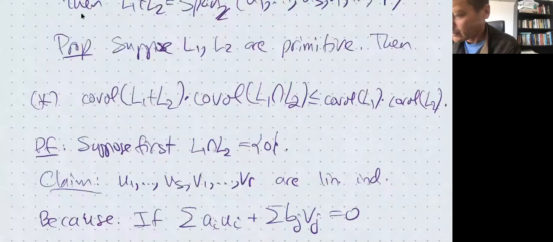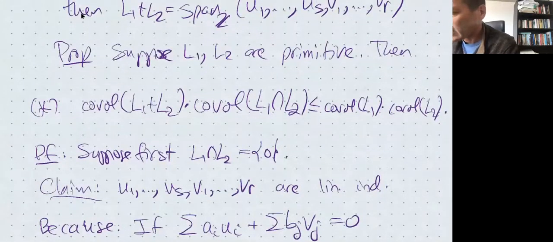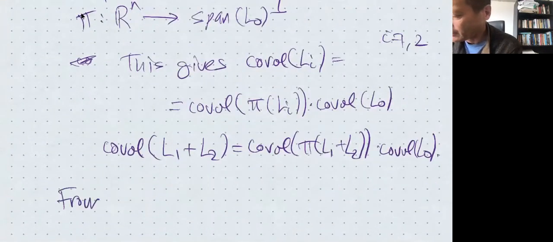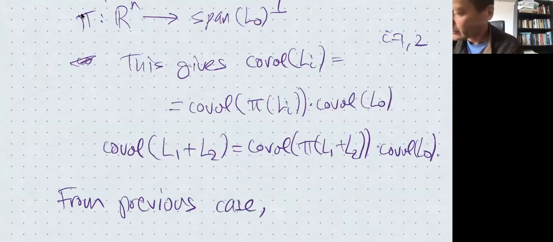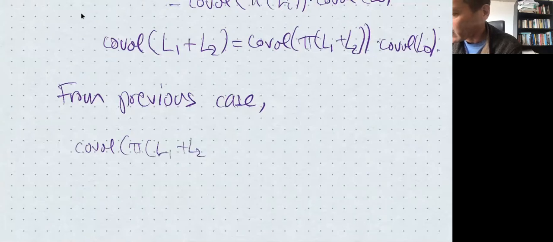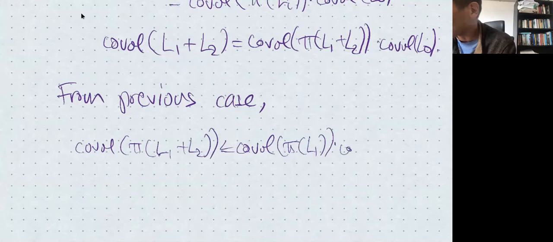So basically what you get, from the case we already did, is that the covolume of pi of L1 plus L2 is less than or equal to the covolume of pi of L1 times the covolume of pi of L2.